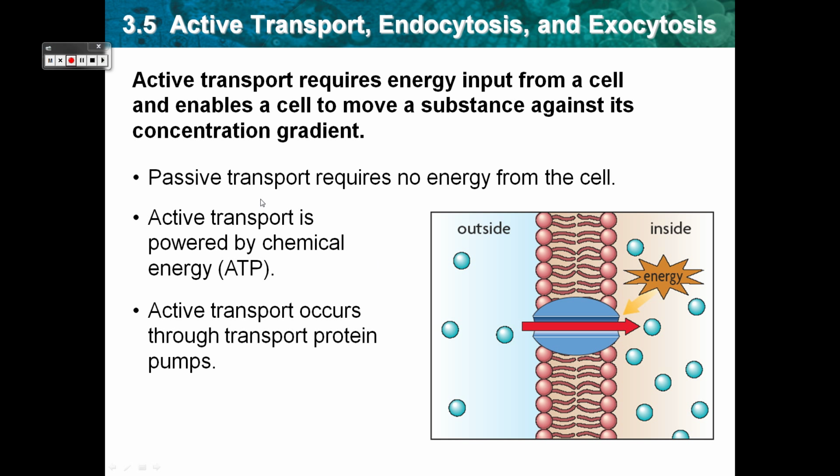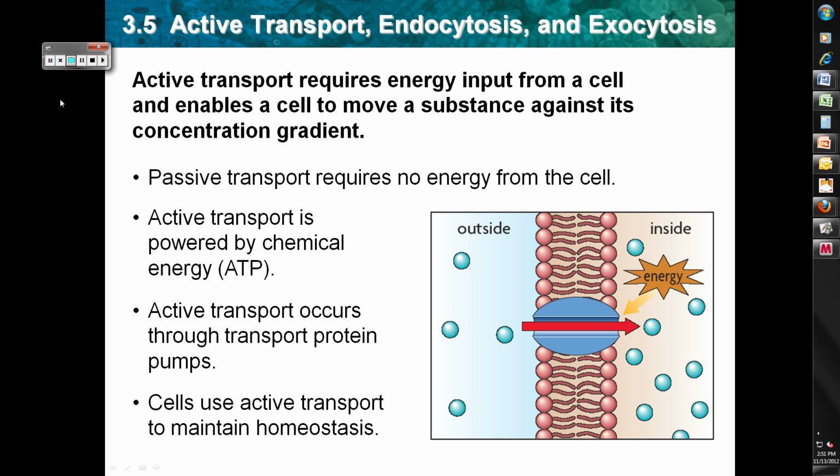Okay, so as we said, passive transport from 3.4 requires no energy from the cell. Everything moves down its concentration gradient. The only time you need active transport is when you are trying to pump a molecule against its concentration gradient. And it takes energy, which in your body takes the form of ATP.